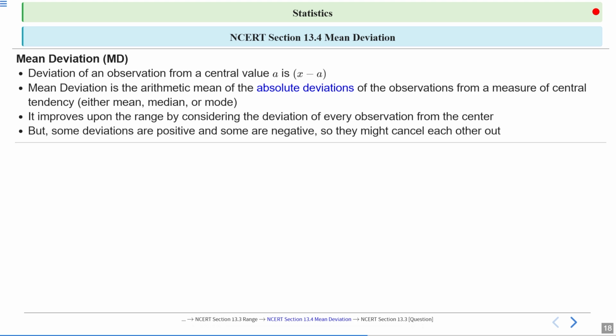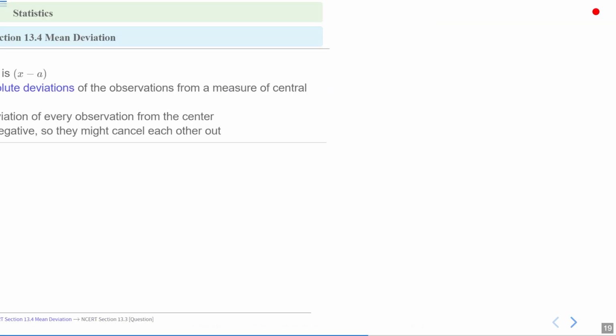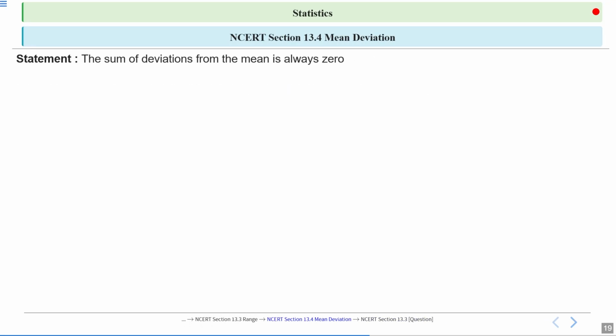However, it's important to note that some deviations are positive and some are negative, so they might cancel each other out. Now let's note down a statement: the sum of deviations from the mean is always 0.